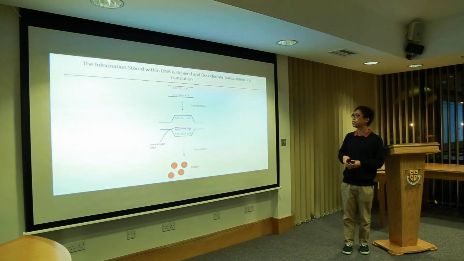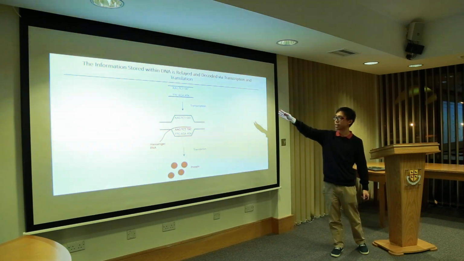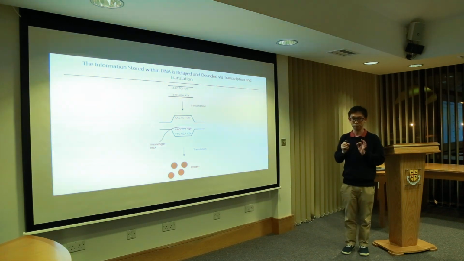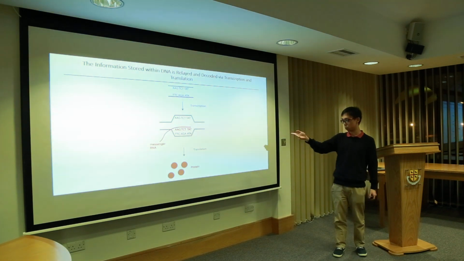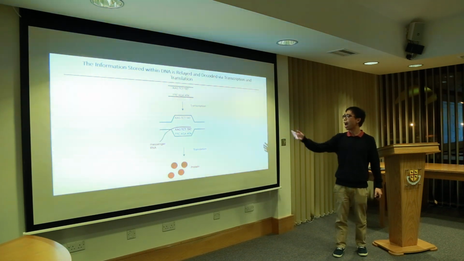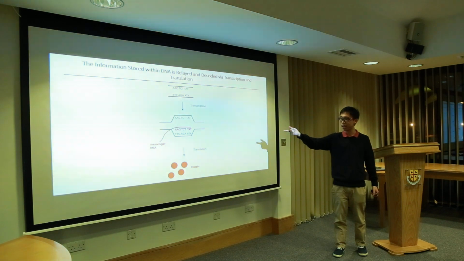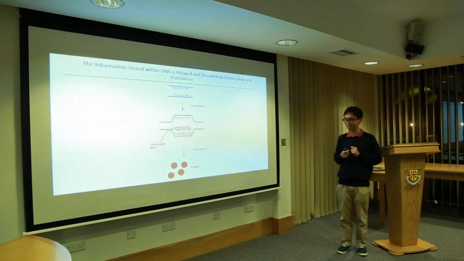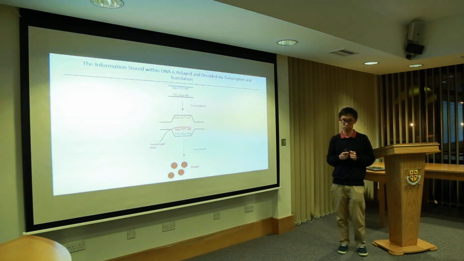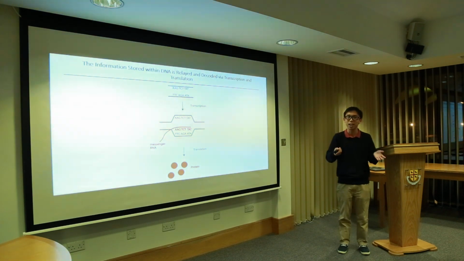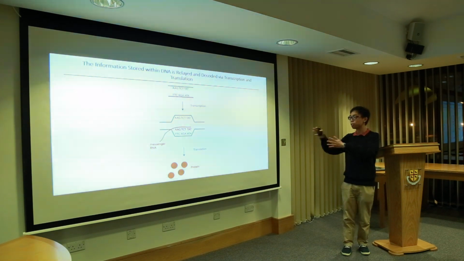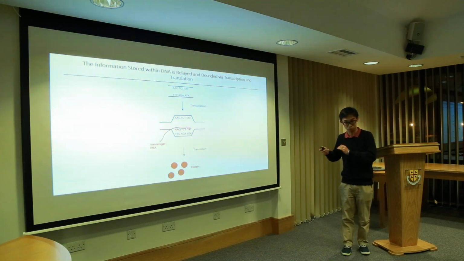So what happens is this information in DNA is transcribed, the jargon is, or copied to an intermediate molecule called a messenger RNA, and in turn this messenger RNA will be translated or decoded, so to speak, into proteins. And these proteins are what enables the cells to do their functions. So basically, what makes our red cells red and our blue cells blue.